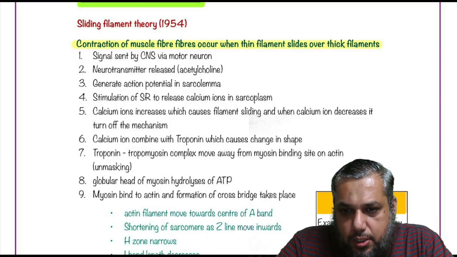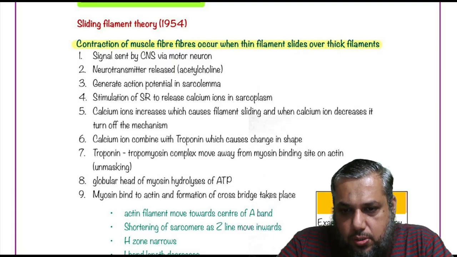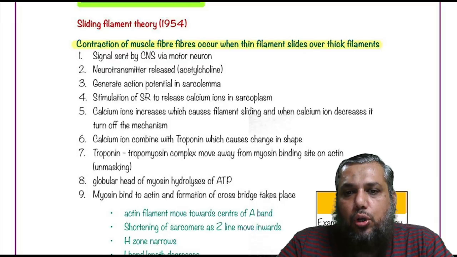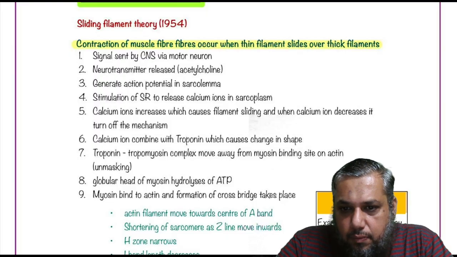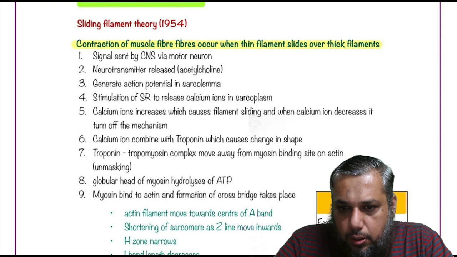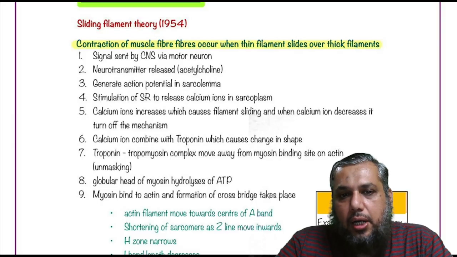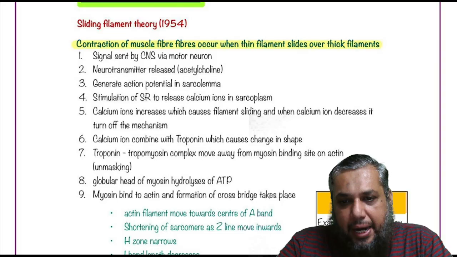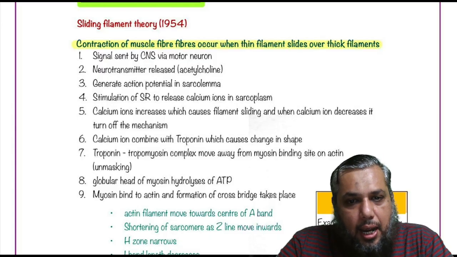Due to the depolarization of the sarcolemma, the calcium gates of the sarcoplasmic reticulum will open. Calcium content in the sarcoplasm will increase. Calcium will bind to troponin and it will unmask the myosin binding sites on actin. As a result of which, the head of the myosin is now ready to bind with the actin.